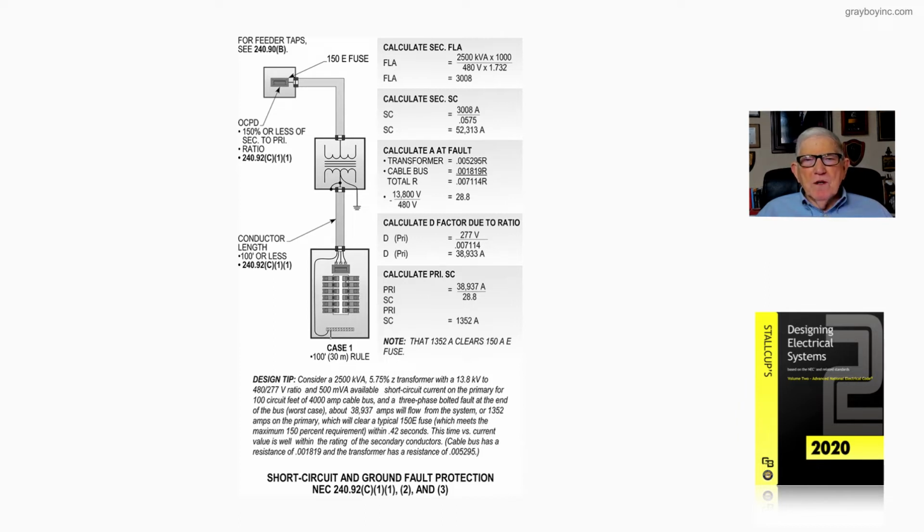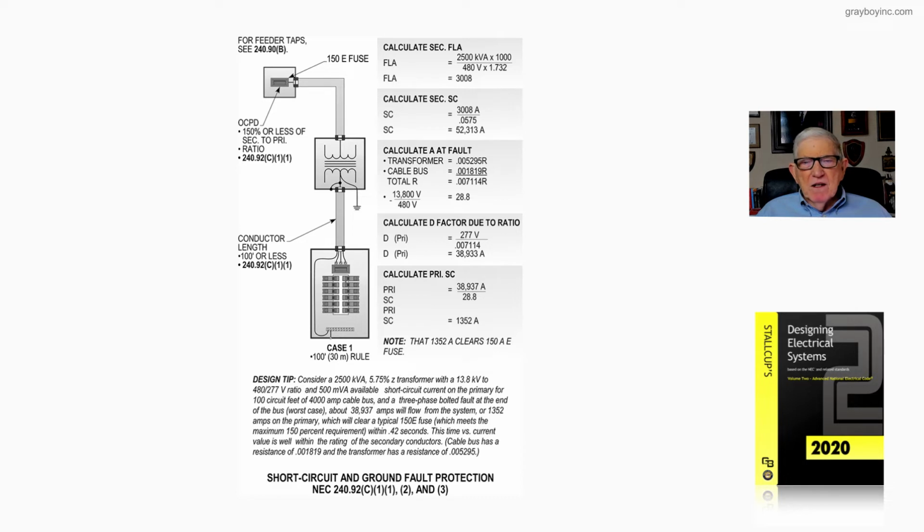Then you drop down to that third bullet and you see 13,800 volts divided by 480 volts gives us a ratio of 28.8.